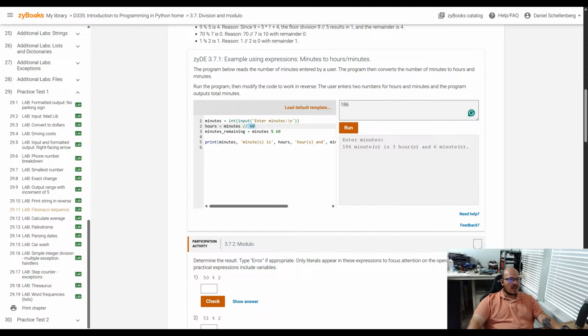So in my mind, the answer to this is 3, right? So 3 hours. And then the remainder is going to be the remaining minutes. So now minutes is 3 modulo 60, which is the remainder, right?